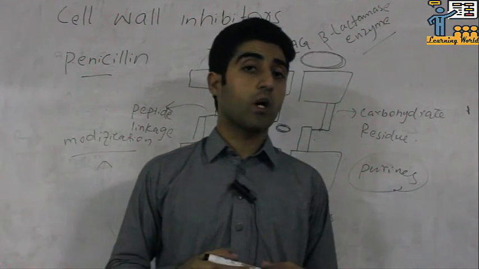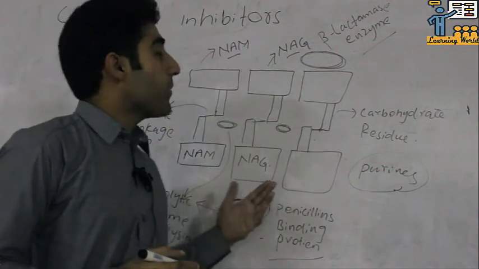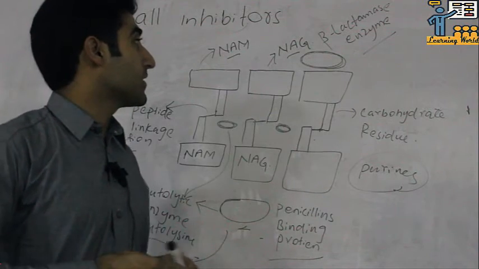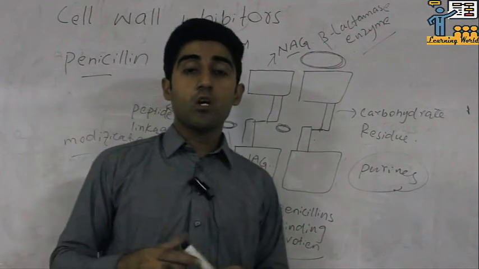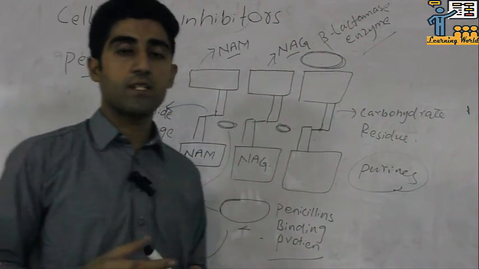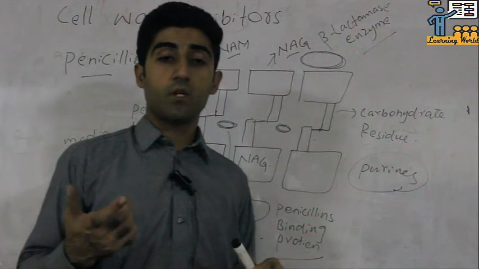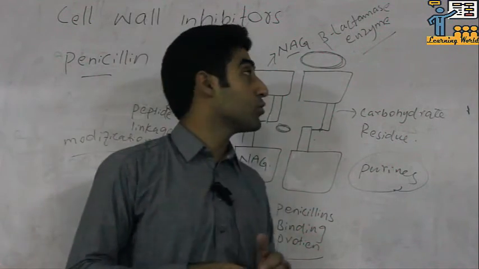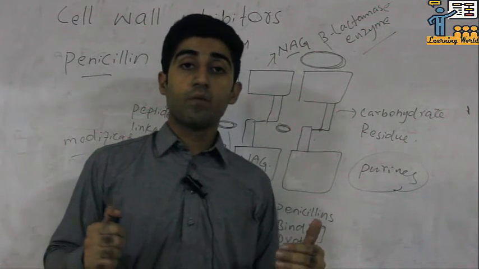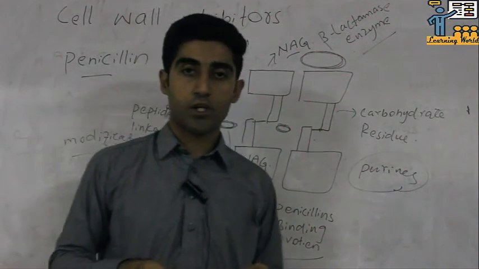The resistance is provided by the bacteria with the help of the beta lactamase enzyme. There are certain bacteria such as Haemophilus influenzae, Shigella, and some Staphylococcus aureus that produce this beta lactamase enzyme against certain types of penicillin, and they will stop the penicillin mechanism of action.